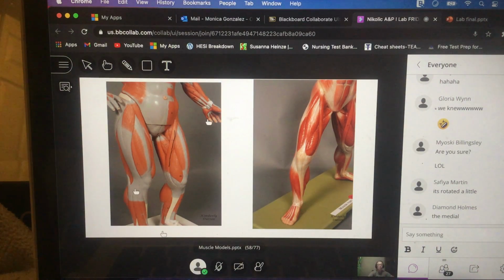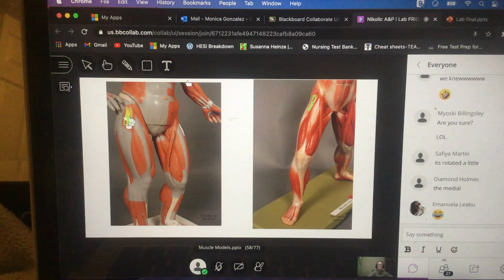Tensor fascia latae. Go, go, go. You thought I was gonna do sartorius. I'm so predictable. Good job. Iliotibial tract. I know. Awesome. Iliotibial tract. Good, good, good. Yep. All right. Rectus femoris.